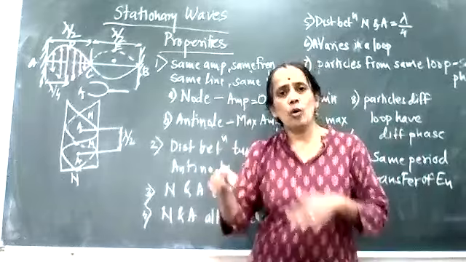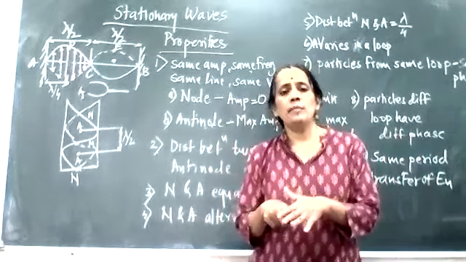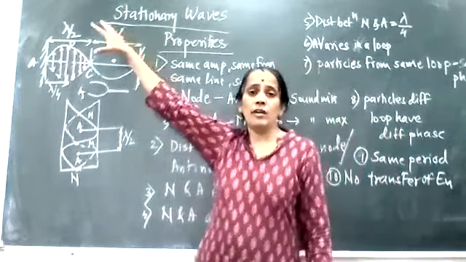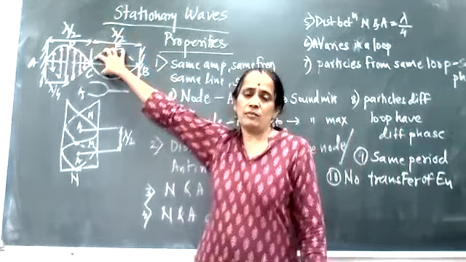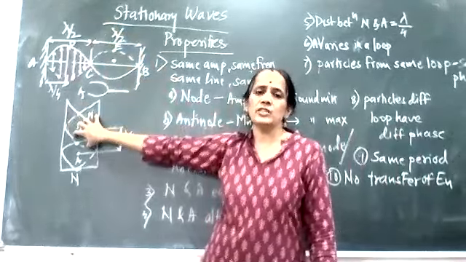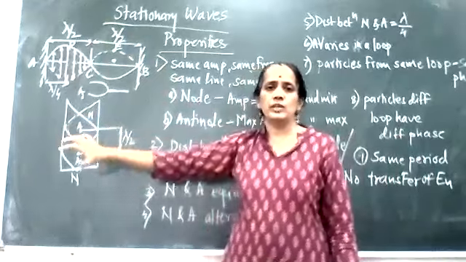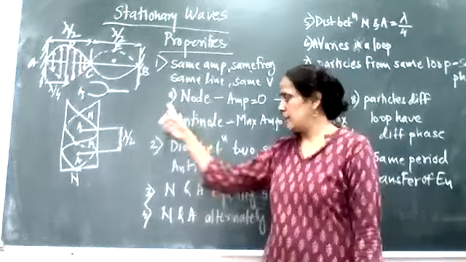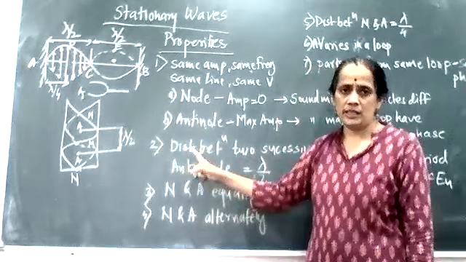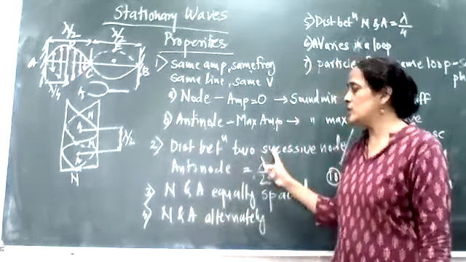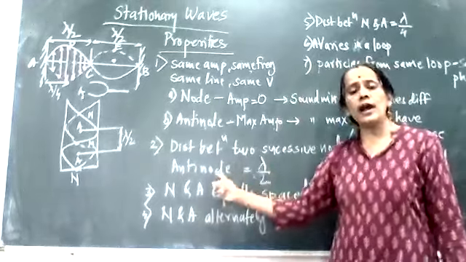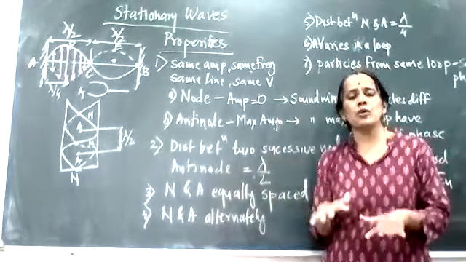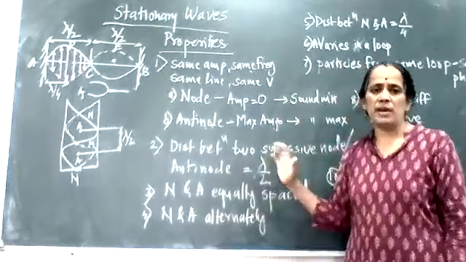Right? So nodes and antinodes, I get not only in the case of stationary transverse waves, but also in the case of stationary longitudinal waves. Clear? Then, the second important thing is that the distance between two consecutive nodes or antinodes is always constant, which is equal to lambda by 2.